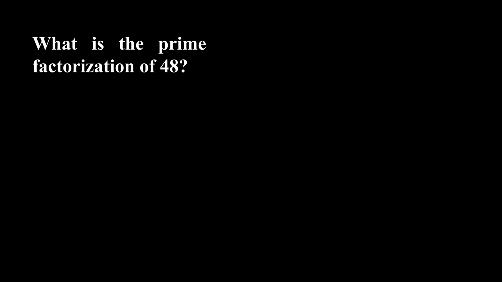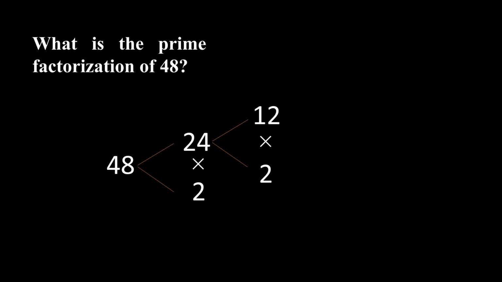We have here an example. What is the prime factorization of 48? So, we can express 48 as a product of 24 and 2, because 2 times 24 is 48. Since 2 is a prime number, we can proceed sa 24 na lang. We can express 24 as 12 times 2.